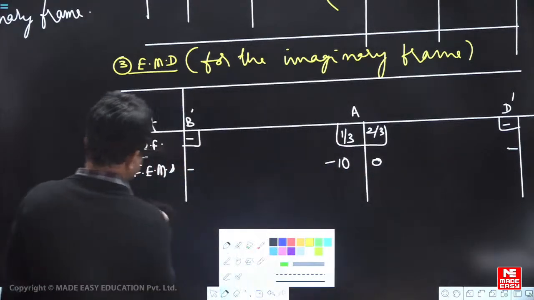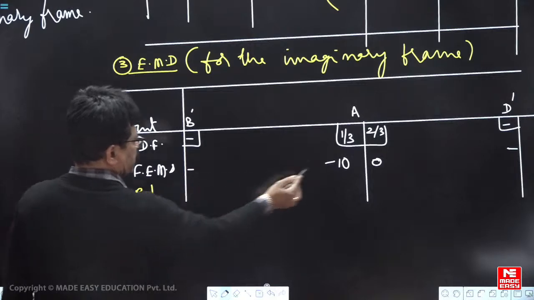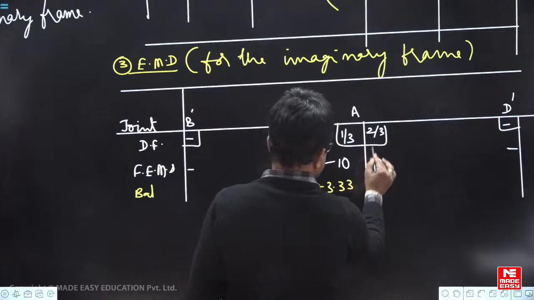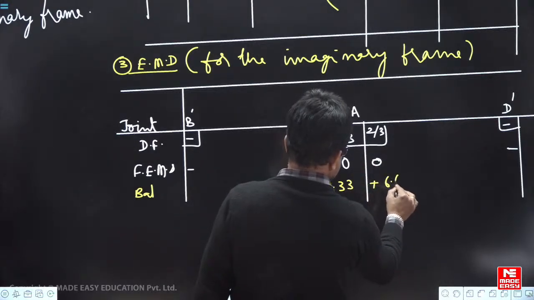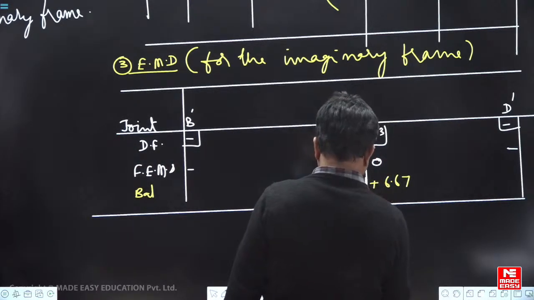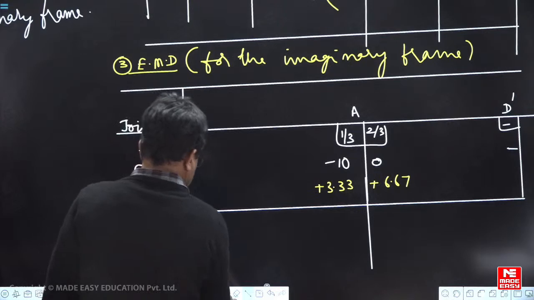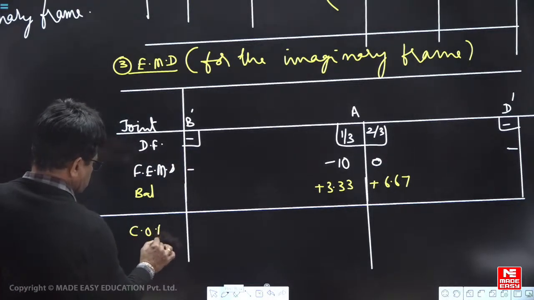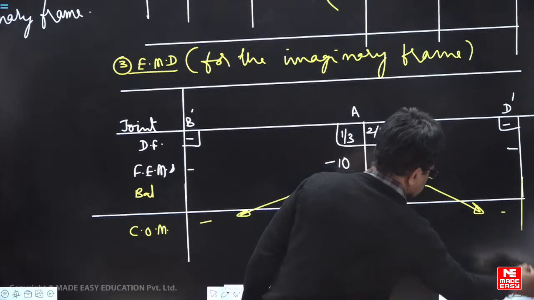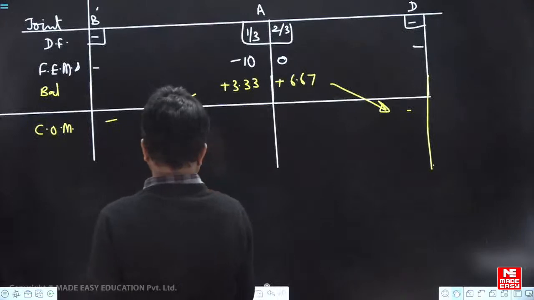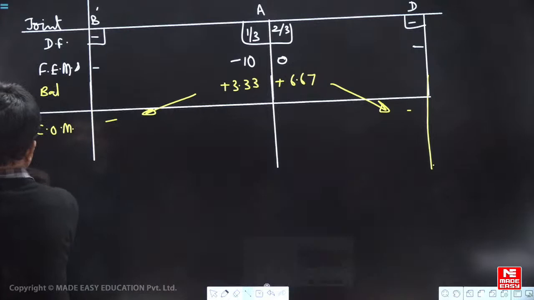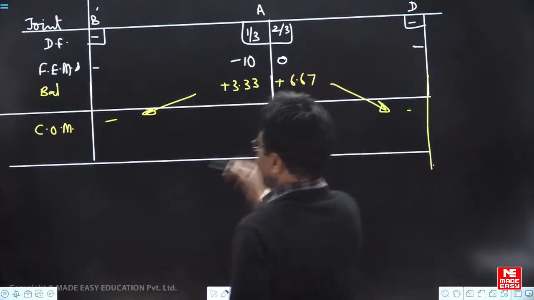Then balance. So plus 10 into 1 by 3, plus 10 into 2 by 3 means 6.67. Then you see carryover moments. Because this is an imaginary fixed support, you don't show anything here. Now you will get final end moments. Add them.